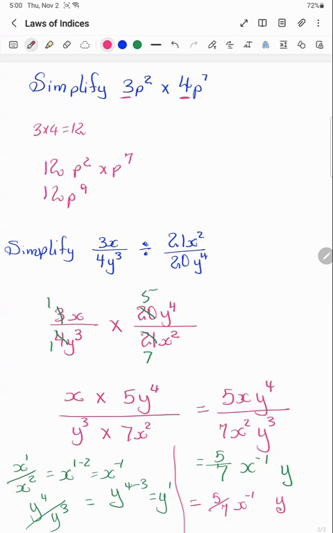Or, according to the other law, x will go in the denominator because it's negative, so we can even have 5y, the power is positive 1, at the top over 7x at the bottom.